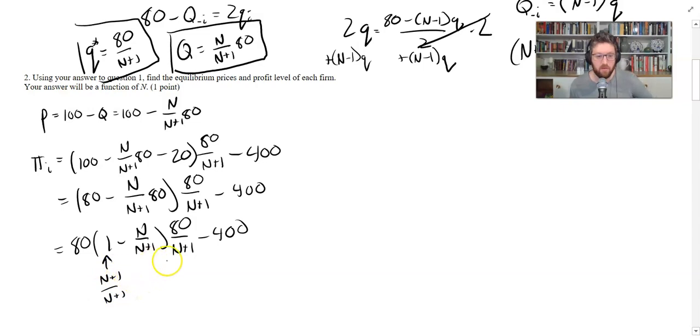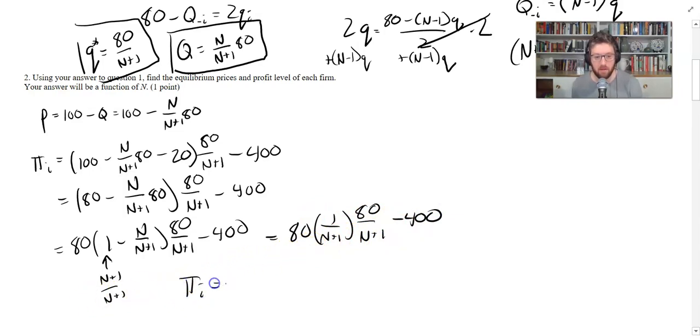If we subtract 1 from that, we get 80 times n plus 1 minus n, which is 1. So look at that, everything is looking pretty now. And so our profit is going to be equal to 80 over n plus 1 squared, if we put all this together, minus 400.